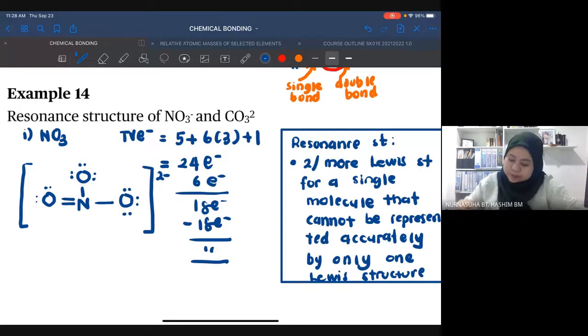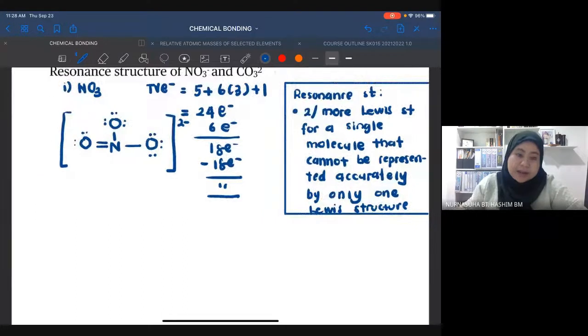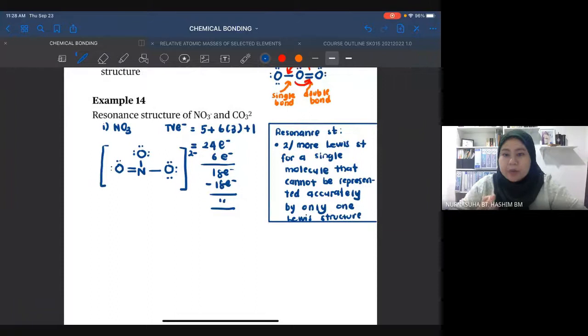Contohlah contoh yang madam bagi ni, okay. Boleh tak kita letak double bond dekat atas? Okay, sepatutnya boleh. Sebab that one also oxygen. Okay, double bond nak letak kanan. So boleh juga. So basically untuk structure NO3 ni, NO3 minus ni, okay.